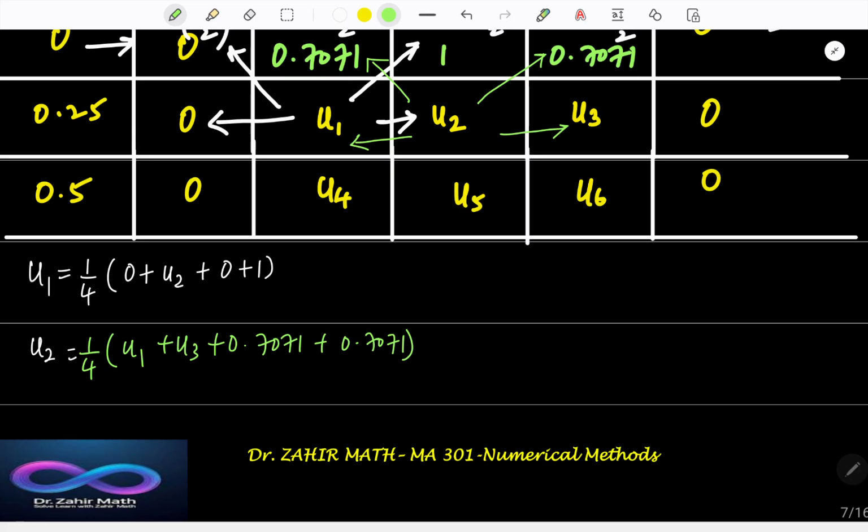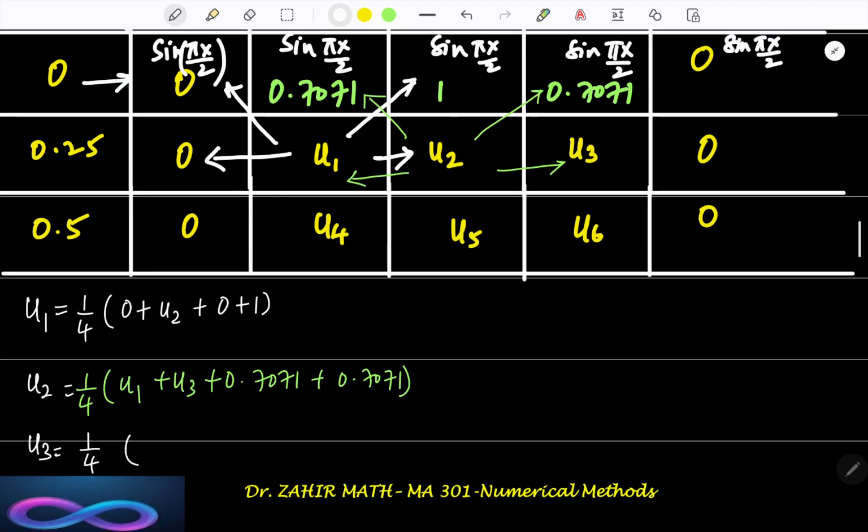Okay, right. Let's change another color, which is u3 equals 1 by 4 bracket open, left side, right side, which is u2 plus 0 plus cross left, cross right, which is 1 plus 0.